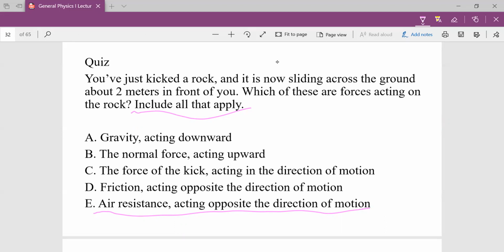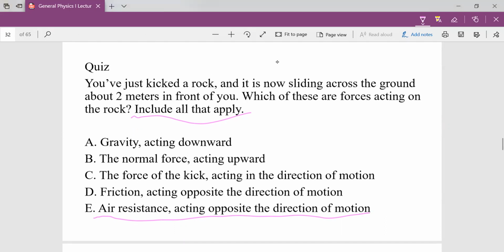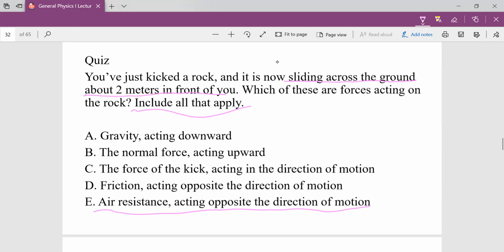Okay, so did we try to follow the method we just discussed? You kick the rock. The rock is now sliding across, and it has moved 2 meters in front of you. So see, the force of gravity acting downward.